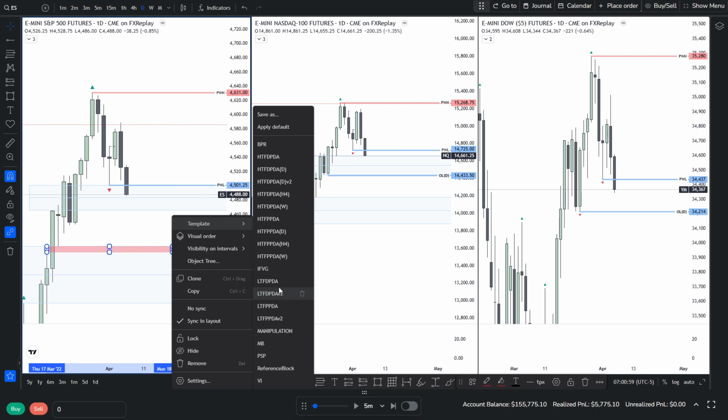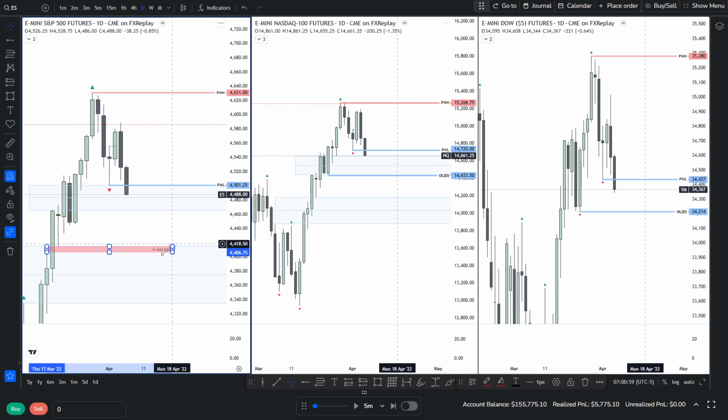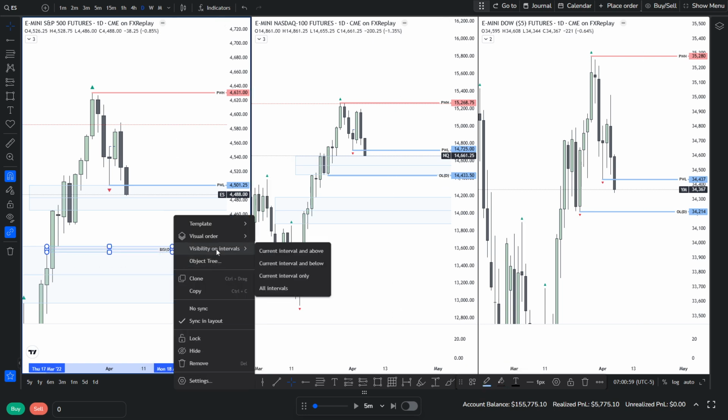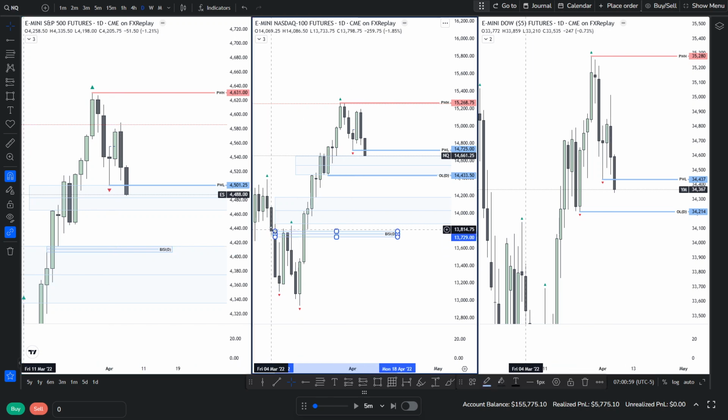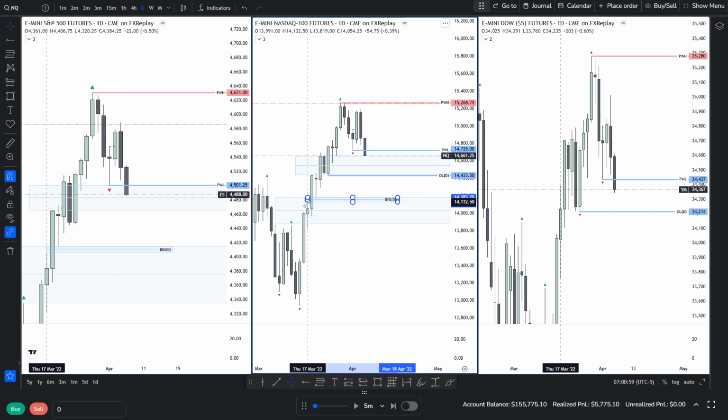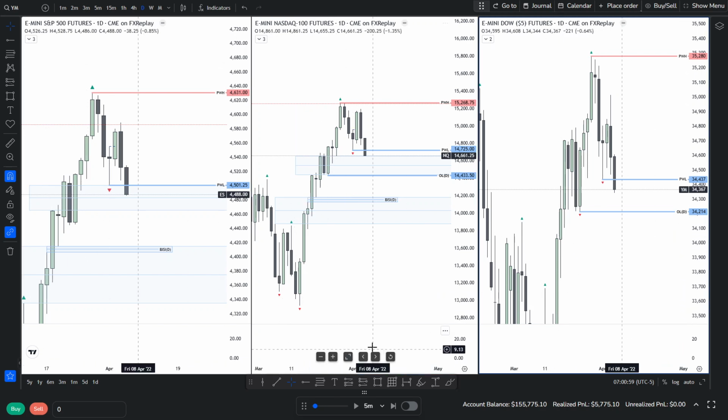This imbalance here is aligned, so I want to be looking at that one. And it could be this one here on YM, but I'm more focused on aligned PD imbalances currently.